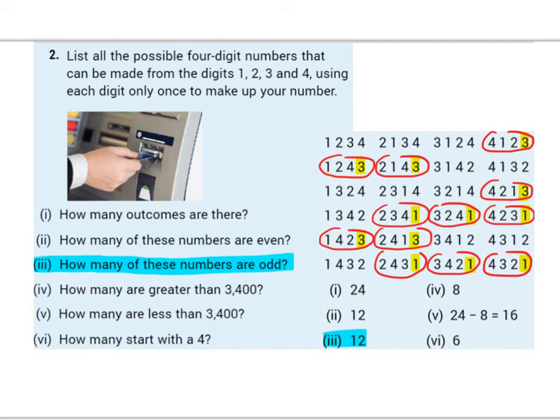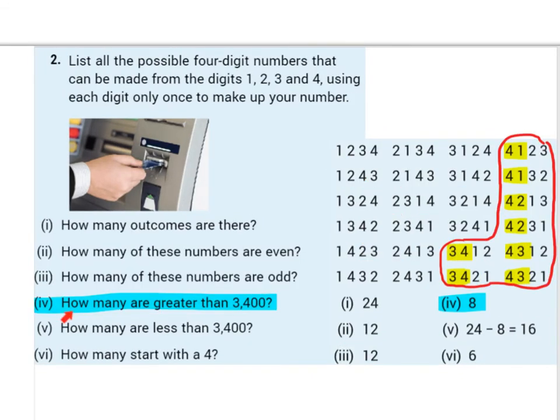The reason that they're odd is because it doesn't matter what all the digits in front of the last digit are, so long as the very last digit of a number is odd, the entire number is odd. So we have 1, 2, 3, 4, 5, 6, 7, 8, 9, 10, 11, 12. So there are 12 numbers listed that are odd.